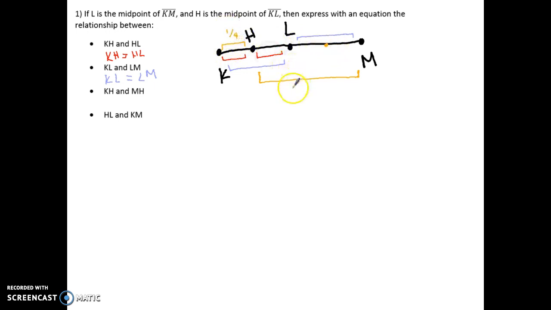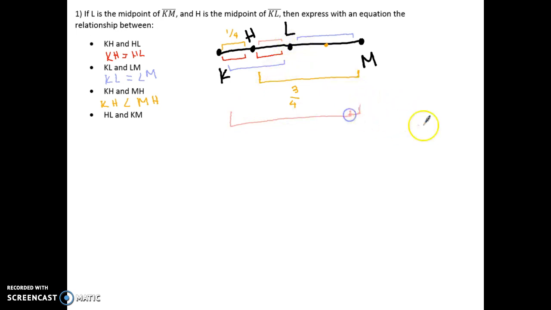And this would kind of be 3/4. So we know that this has to be smaller than MH. So over here we would say KH is smaller than MH.